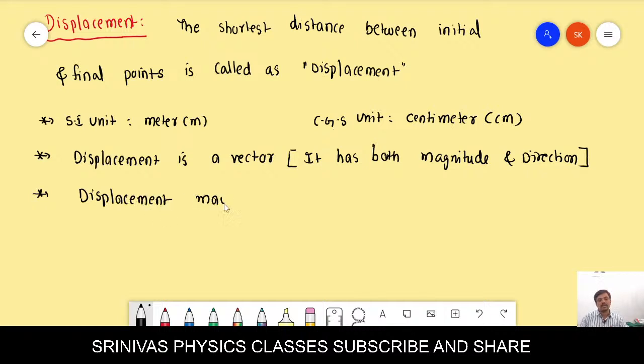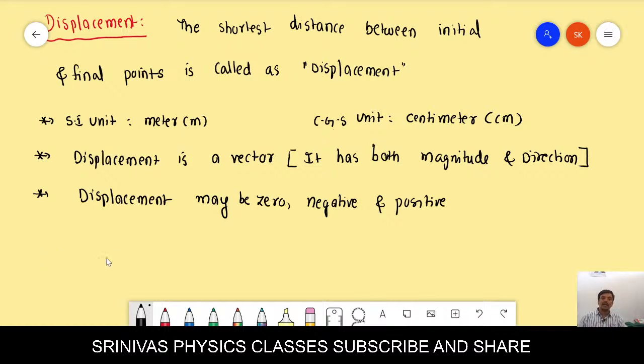Displacement may be zero, negative, and positive also, but distance is always positive or zero.